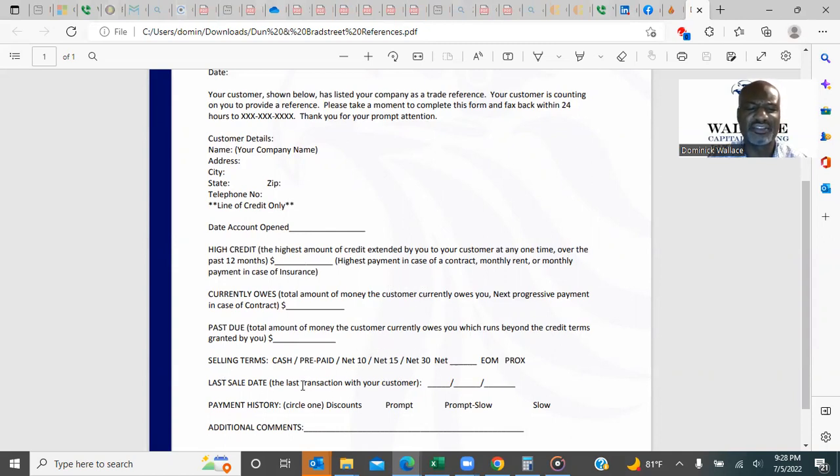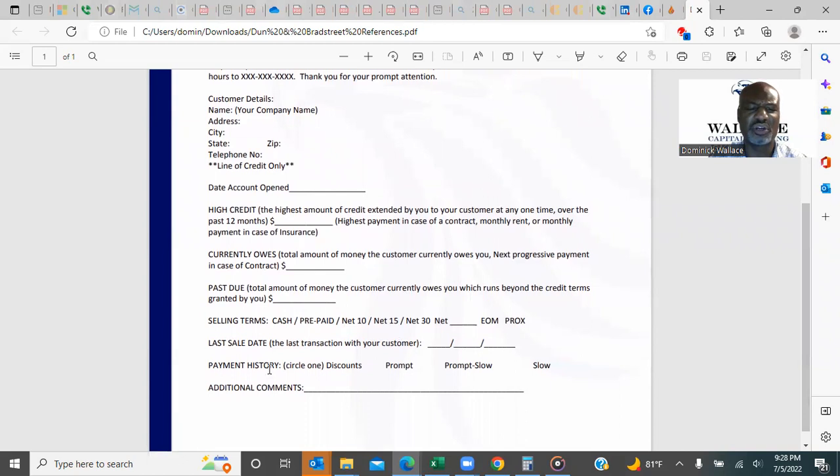The last sales date or last transaction, so we would put the month, date, and year here. And then, of course, how your company pays. Do you pay with discounts, meaning that you sometimes pay in advance with discounts, which sometimes could be good.